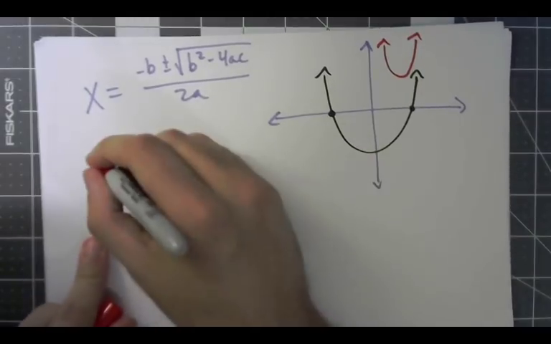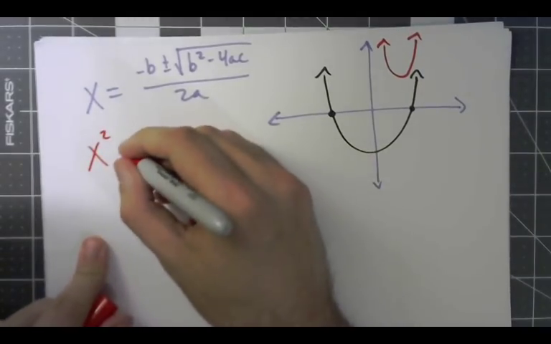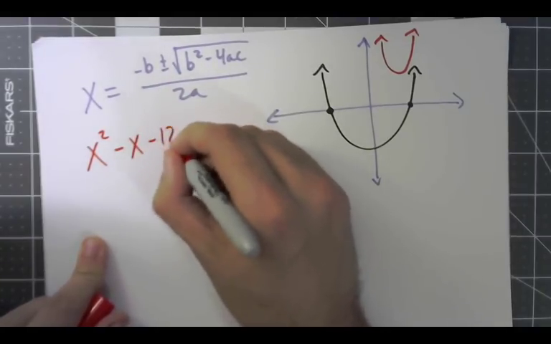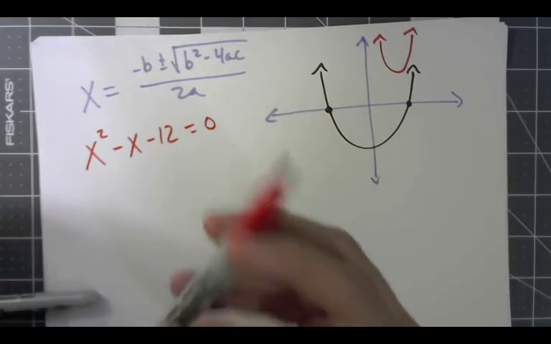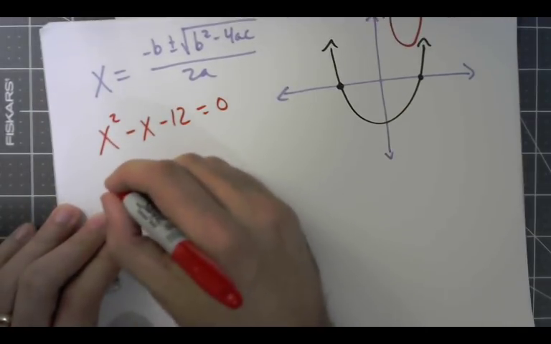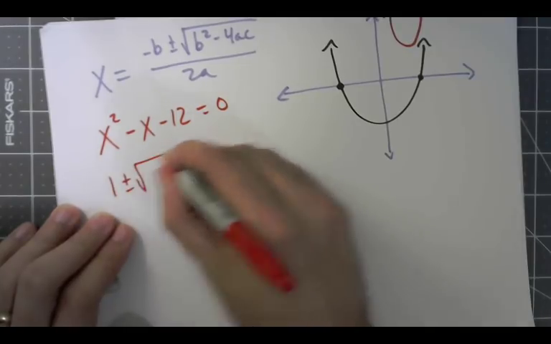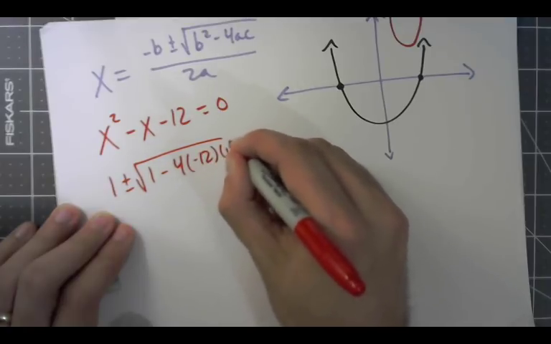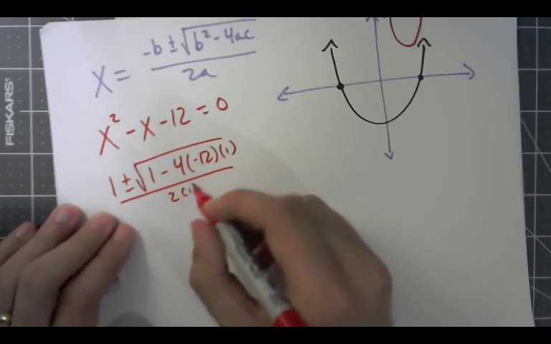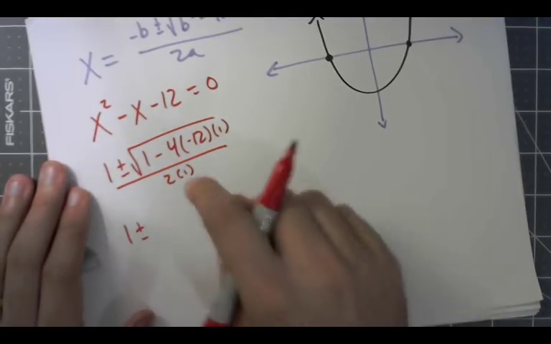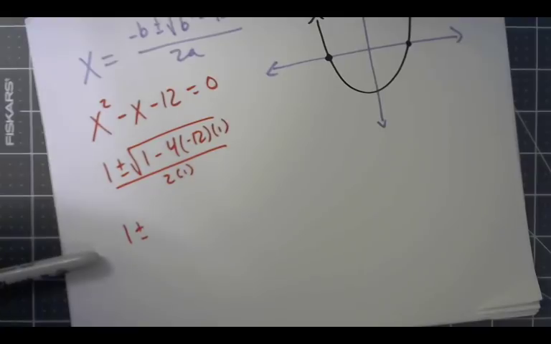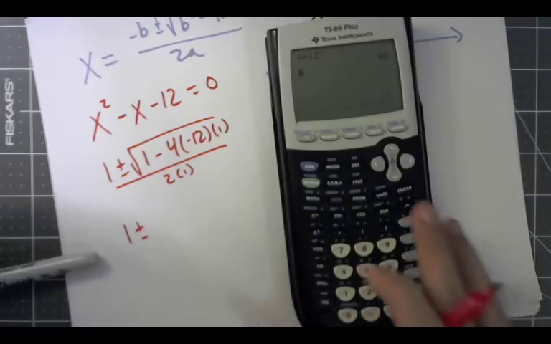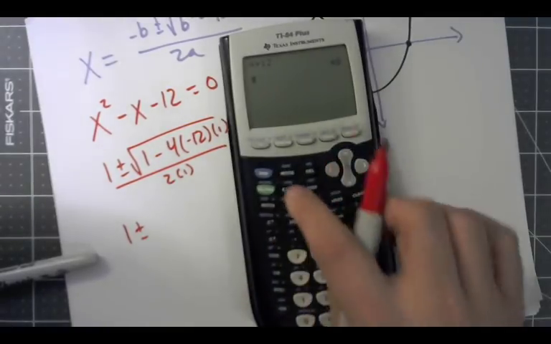But if I gave you something like x squared minus x minus 12 equals 0, we can solve that by having negative negative 1 plus or minus the square root of 1 minus 4 times 1 times negative 12, all over 2 times 1. That's going to be 1 plus or minus square root of, let's see, 4 times 12 is 48.